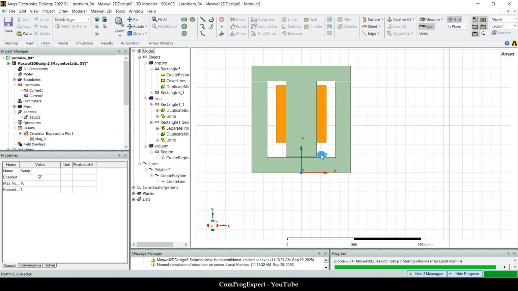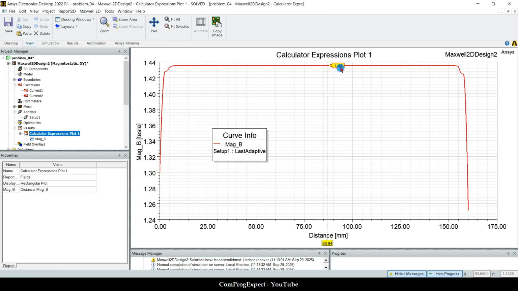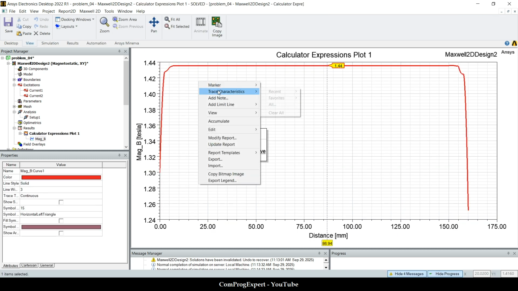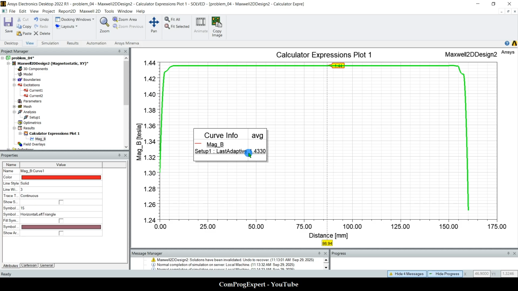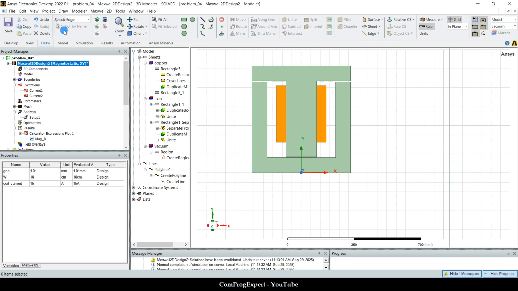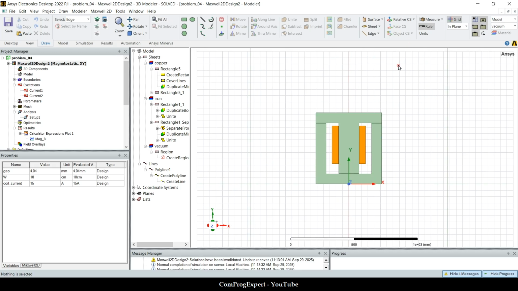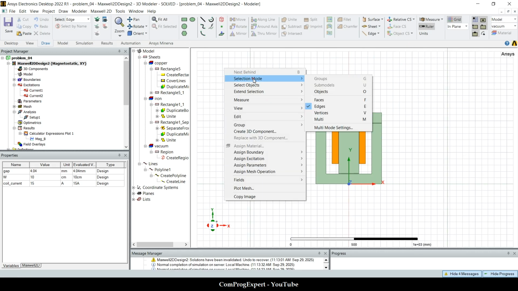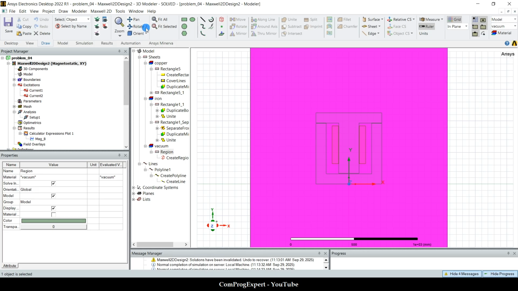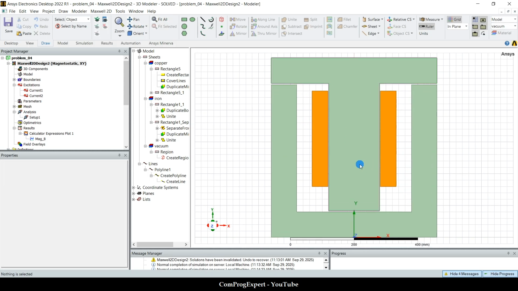Then we can check the level of the flux density in the air gap for this ideal iron. 1.4. Let's calculate the average value. 1.43, 1.4. So correct. We simulated the problem using the ANSYS Maxwell software. Let's hide the enclosure and just focus on the structure.